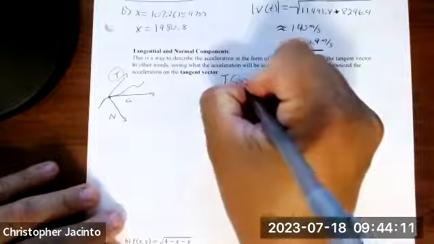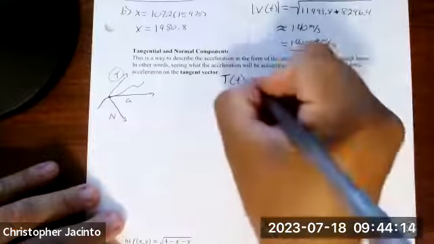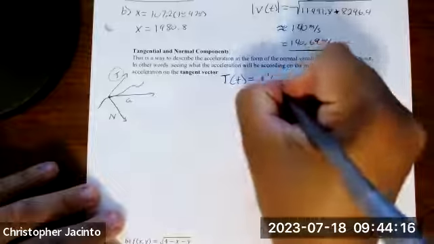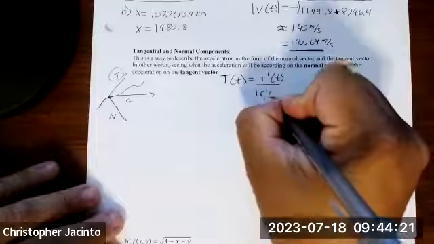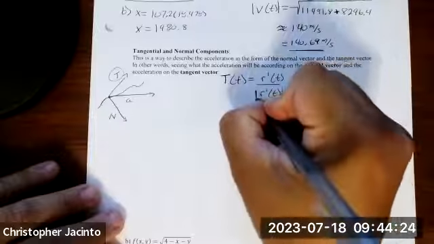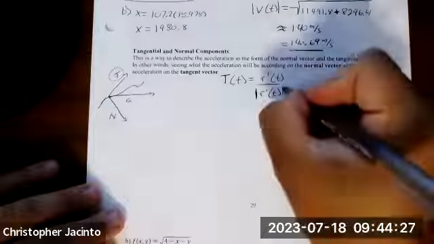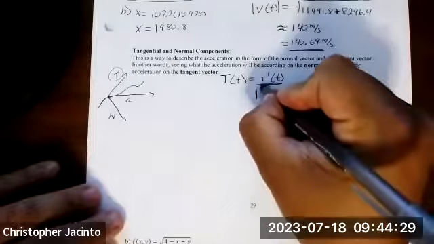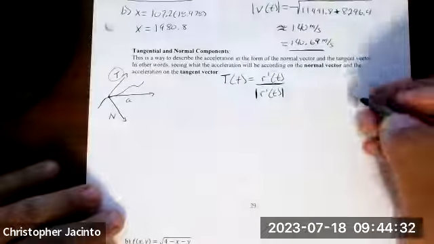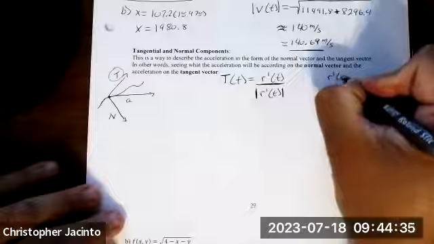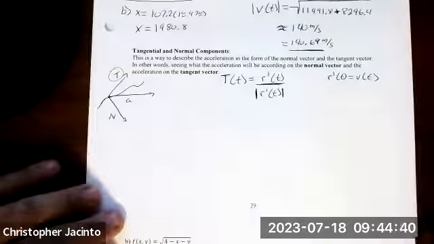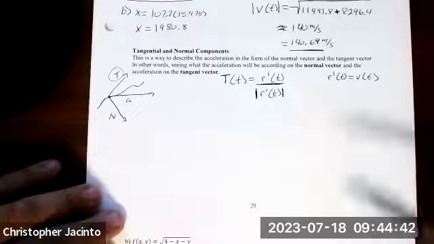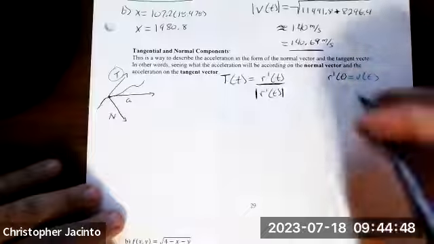So going back a section, we know the tangent vector is equal to this. However, we just found out that the derivative of r is the velocity vector. And so if we take the length of this velocity vector, let's just start there.